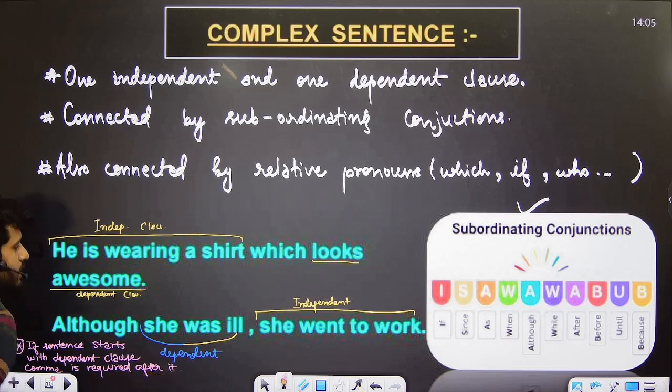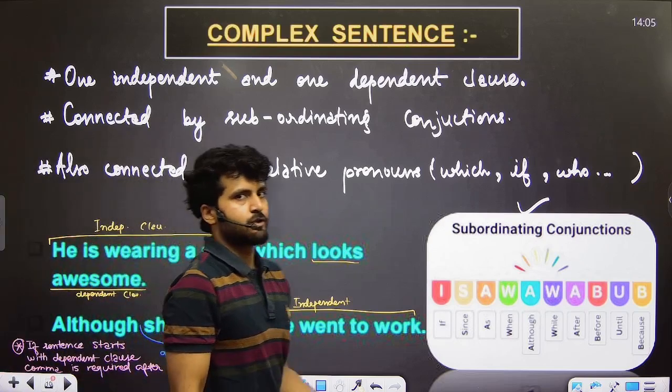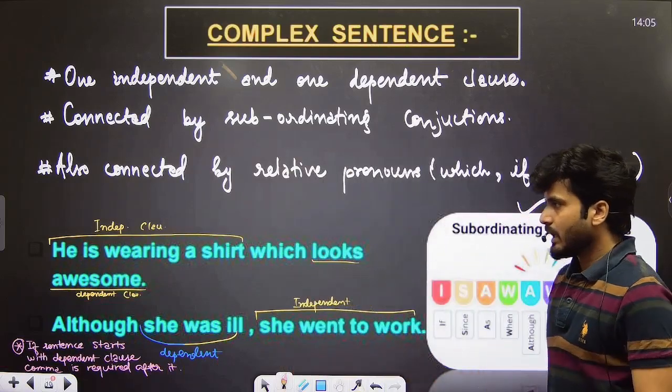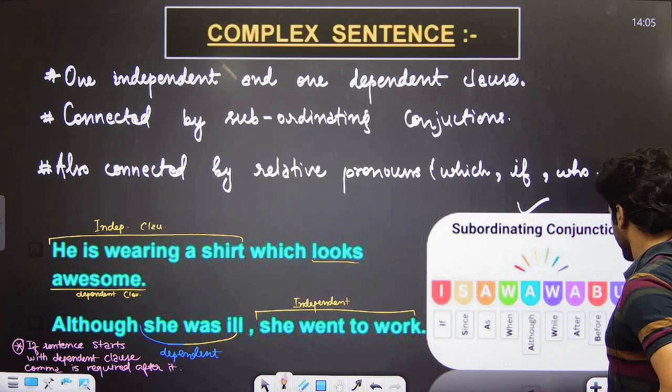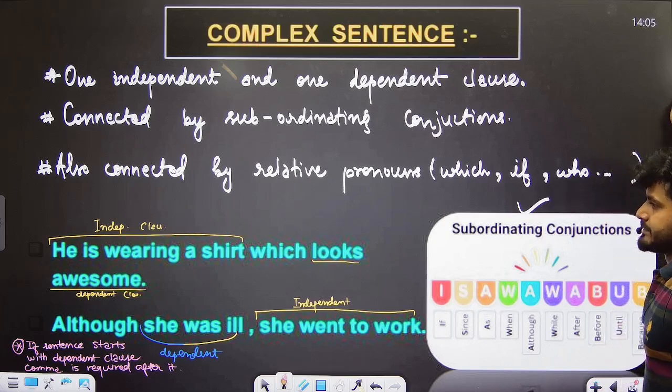When you are going to start the independent, before that you need to put the comma. I hope you have understood it. Okay, written everyone?